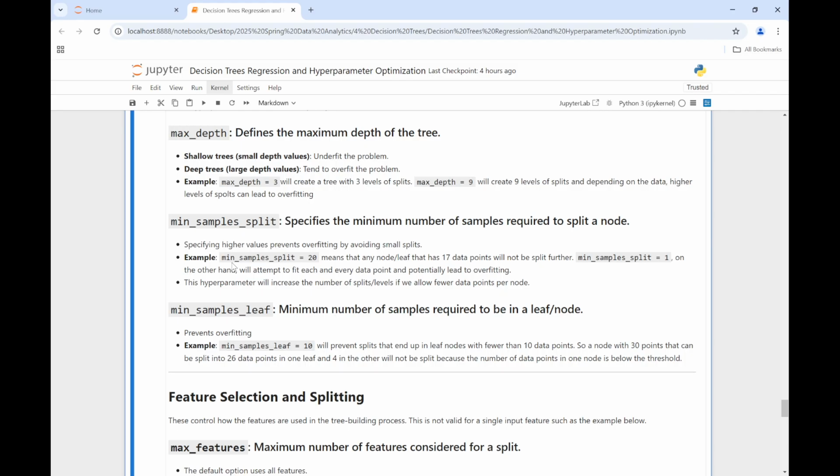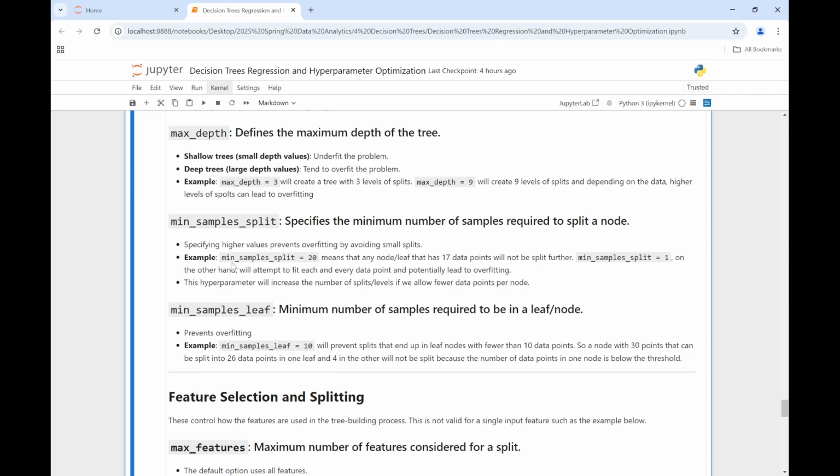If I specify this value to be 10, then we're never going to have any leaf that contains fewer than 10 data points. And so again, with this hyperparameter, we can control the growth of the tree.